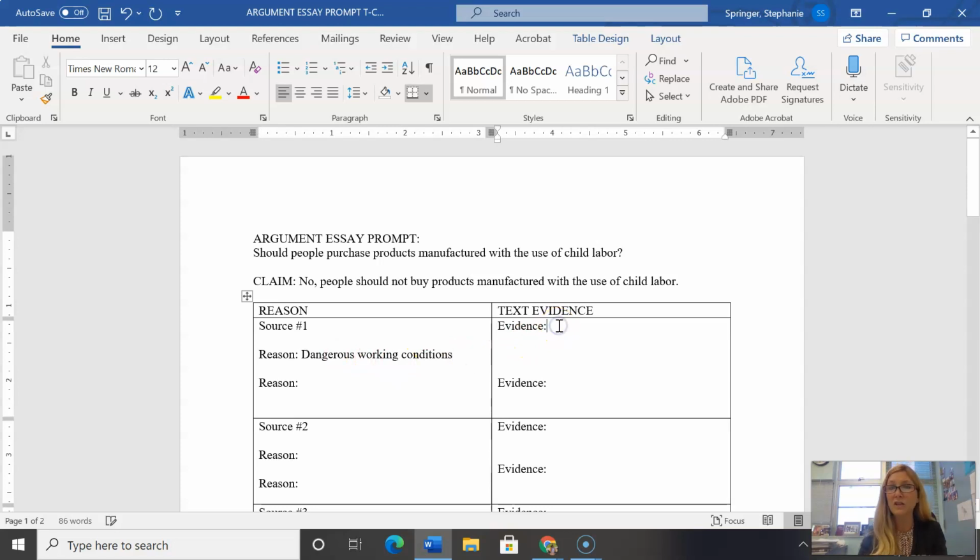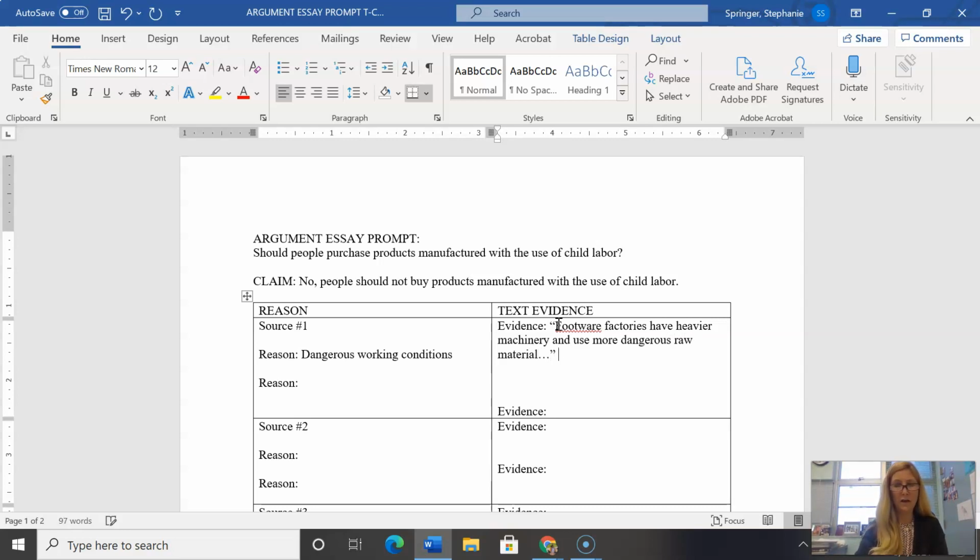And how do we know that there's dangerous working conditions? Well, from what I just read. So we want to pull out our evidence word for word. So we have our quotation mark. It says footwear factories have heavier machinery, and use more raw materials.